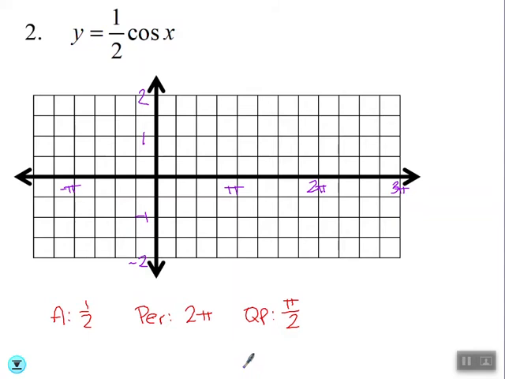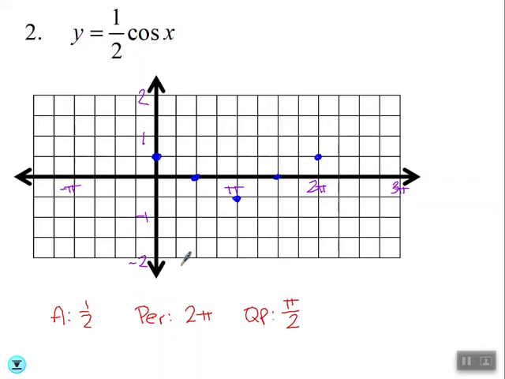Now this time, since my amplitude is 1/2, instead of going all the way up to positive 1 and all the way down to negative 1, I'm only going up to positive 1/2. Then the next one is 0. The next one is low, which will be negative 1/2. 0, positive 1/2.